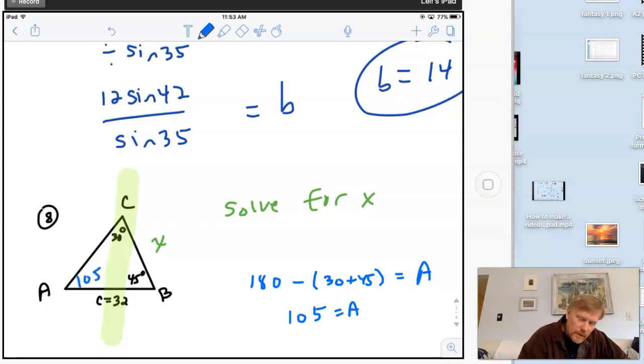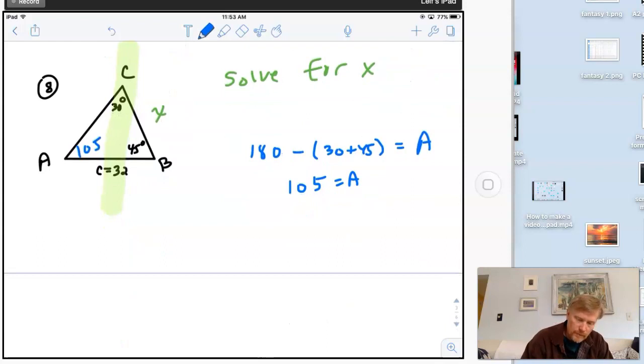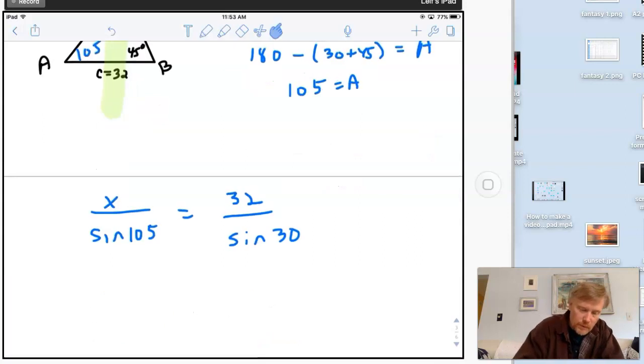Now I can set up my law of sines. Okay, I can go x over the sine of 105 equals 32 over the sine of 30. Okay, I hope that makes sense. Use the side and the angle opposite it in each of the ratios. Okay, now I'm just going to cross multiply and solve.